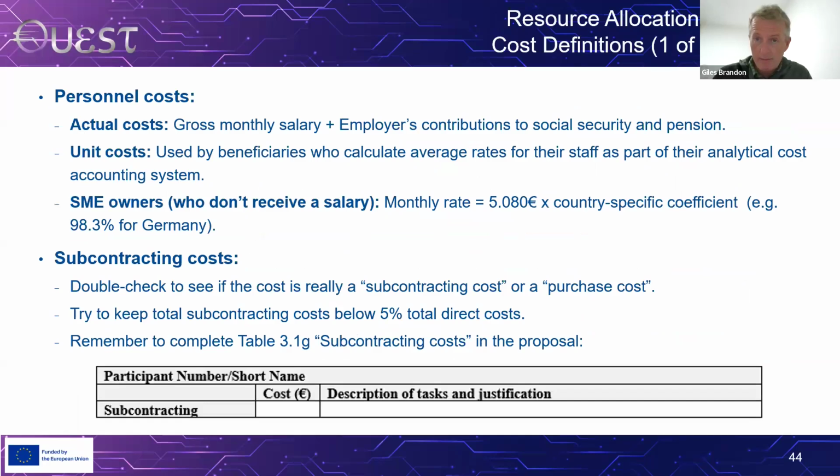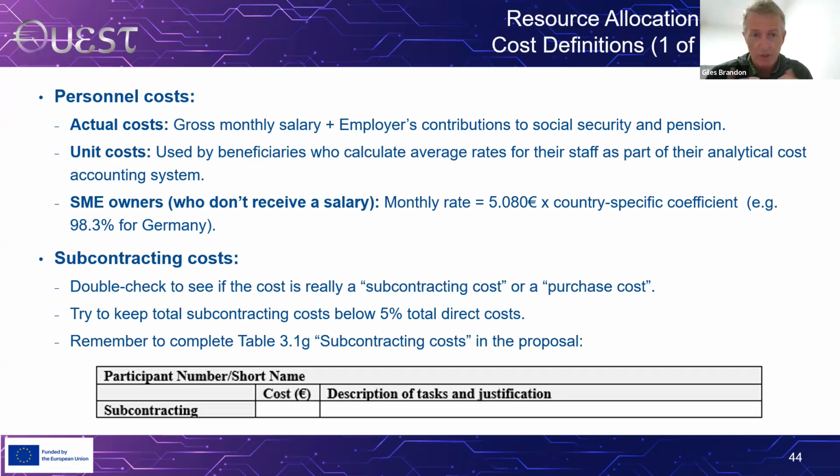So, a few more words about the definitions of some of these cost terms. Personnel costs, we talk about actual costs. Actual costs in terms of personnel costs will be the gross monthly salary that an employee has, plus the employer's contribution to Social Security and pension. It could be unit costs.